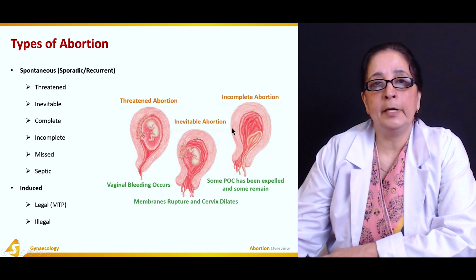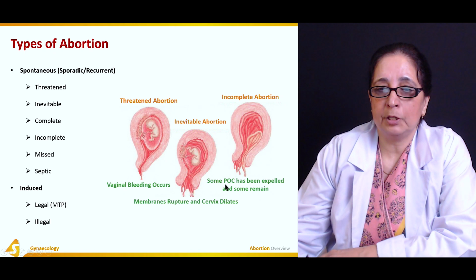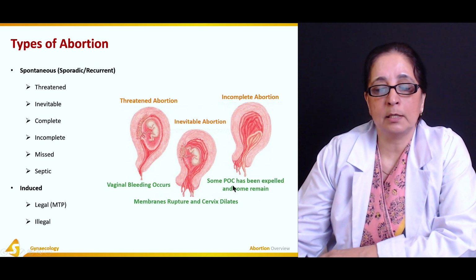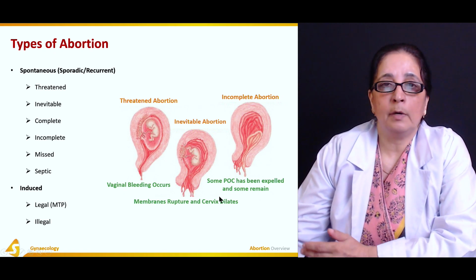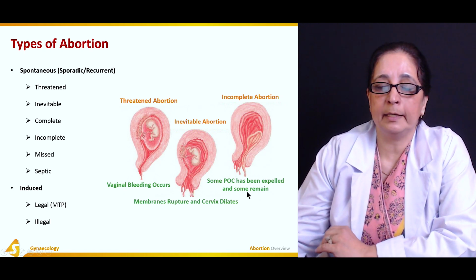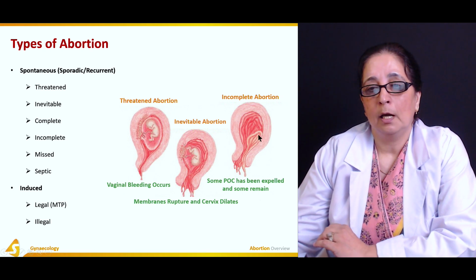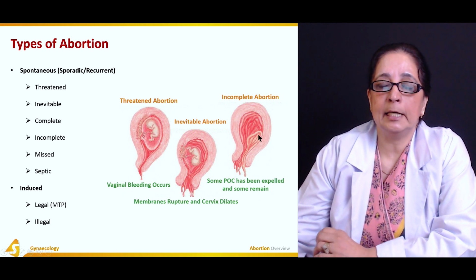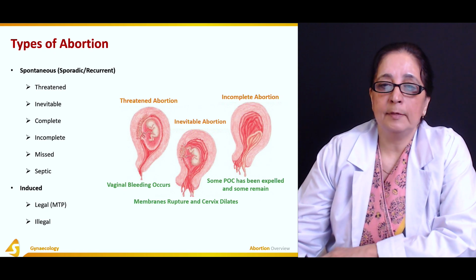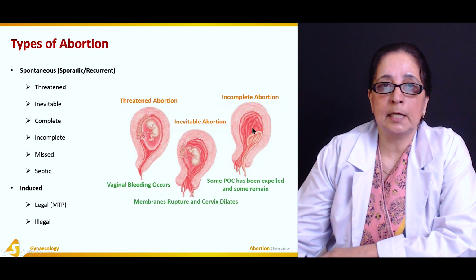In incomplete abortion, usually some of the product of conception, POC, is expelled, but some still remains inside the uterine cavity. These are removed by dilation and curettage, the procedure done to remove the product of conception.